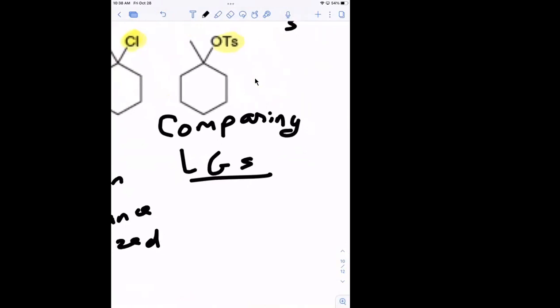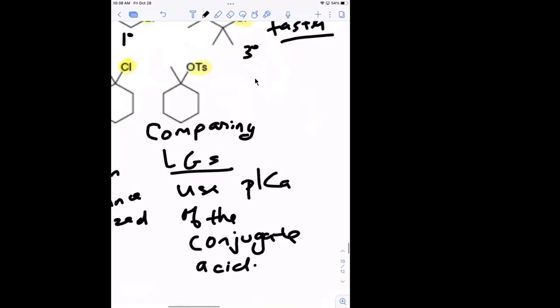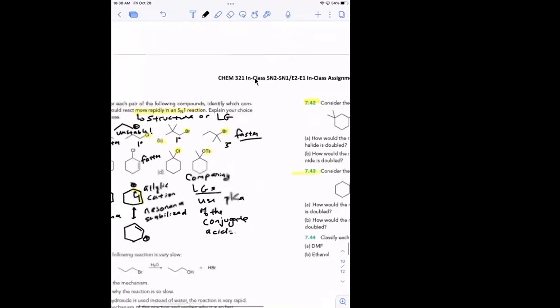We're going to use the pKa of the conjugate acid. All right, what do you got, Mike? I see you with the chart already. What's the pKa for HCl?